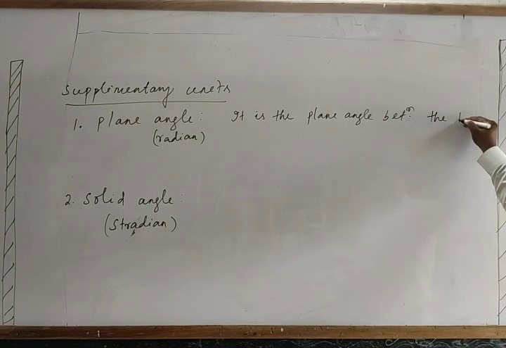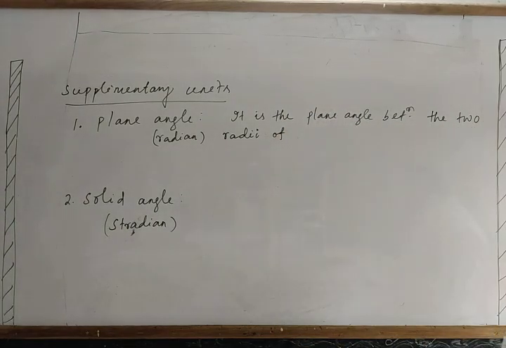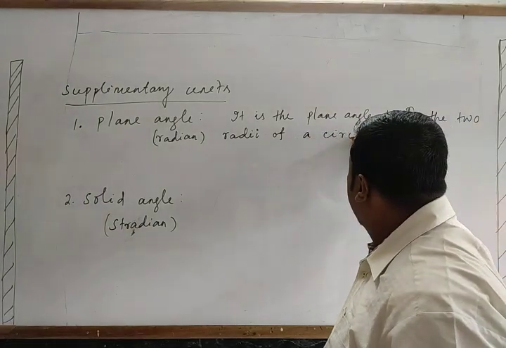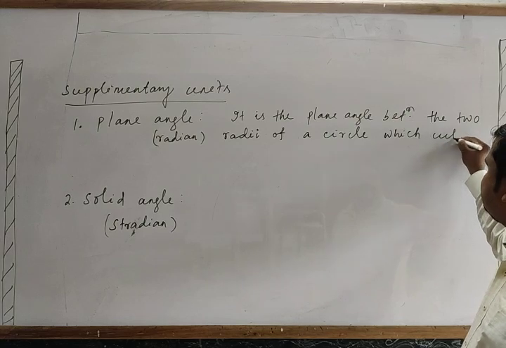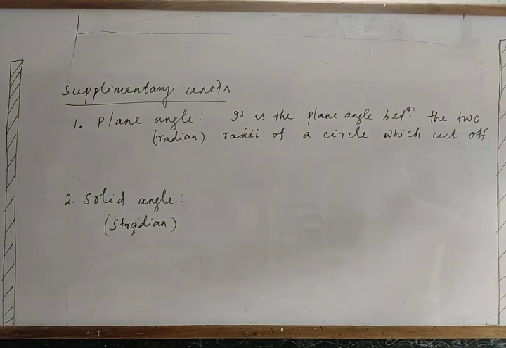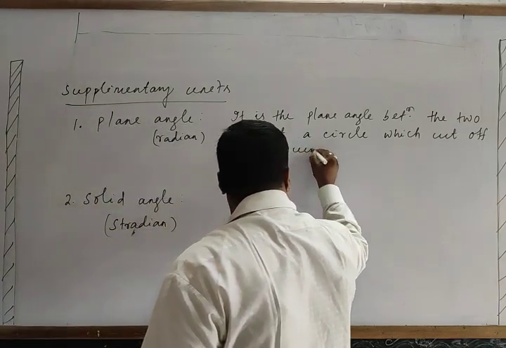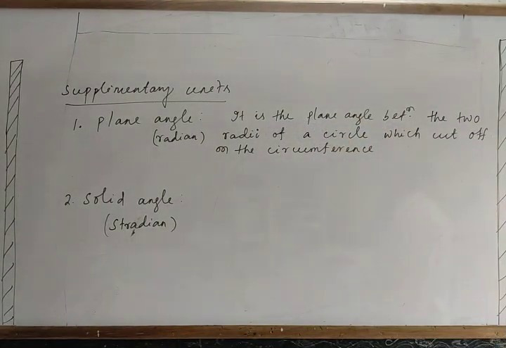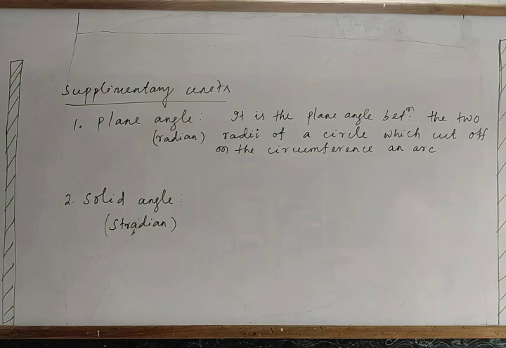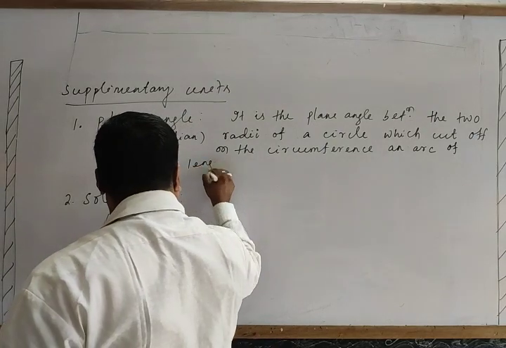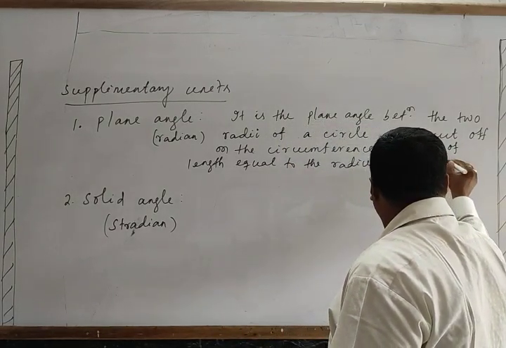the two radii of a circle which cut off an arc on the circumference of the circle of length equal to the radius of the circle.